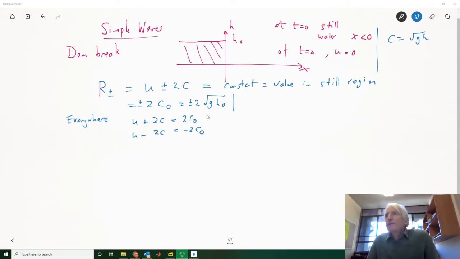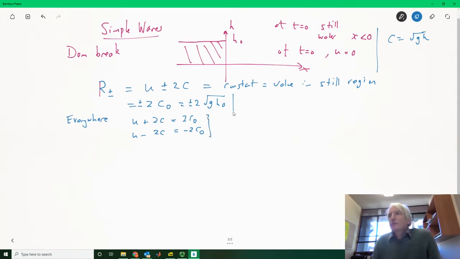There's only one solution to this system of equations. It's a linear system of equations, and you can solve it. And the only answer is that u must be equal to 0 and c must be equal to c0. But what that's saying is that when two characteristics that start in the still region meet, we're in a region of undisturbed fluid. So this is undisturbed.